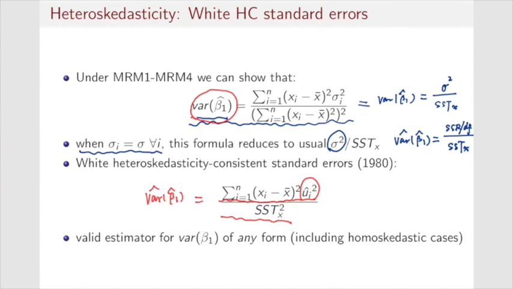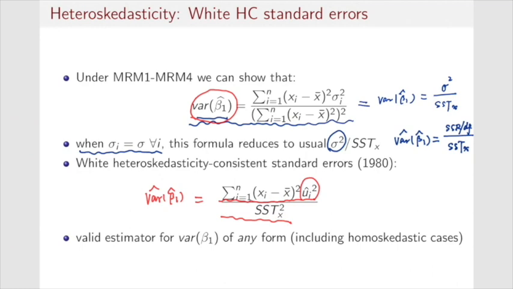Here I will skip the formal proof to show why it is a good estimate for the population variance of beta 1 hat. It requires the law of large numbers and asymptotic properties of OLS estimators. But we can treat it as an adjustment on the weights on the squared residuals.